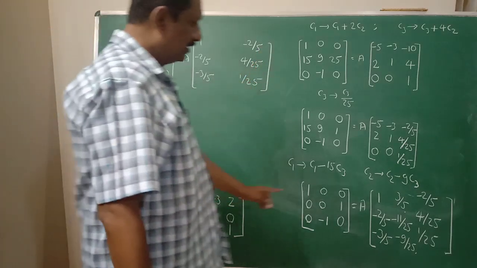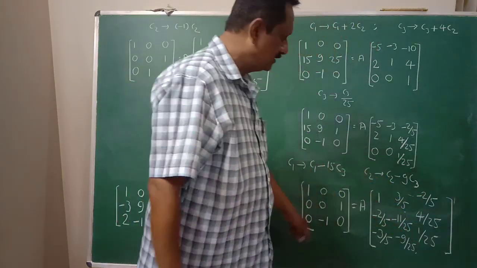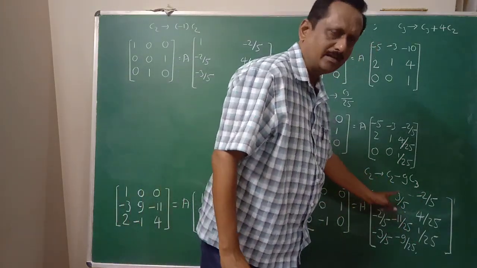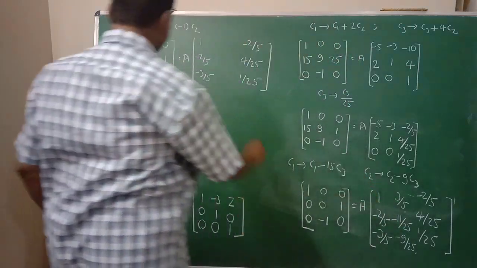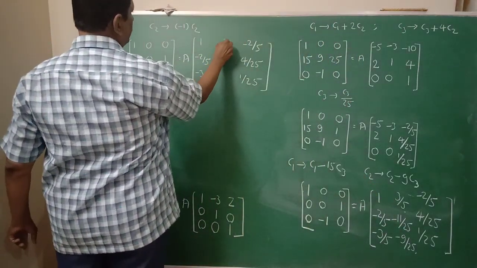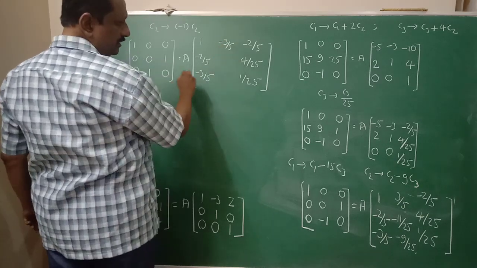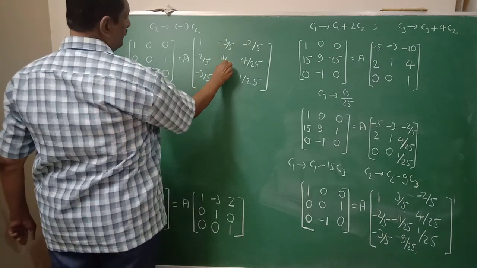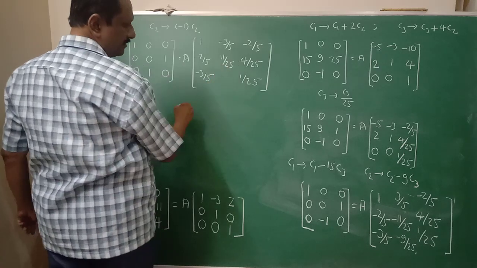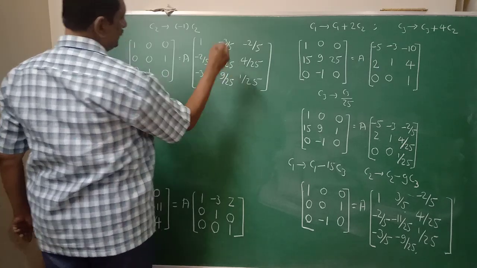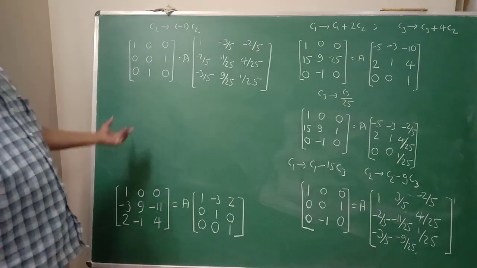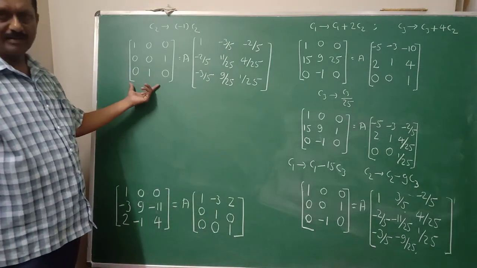So I am writing first and third column as it is. Here multiply by minus here. Therefore this becomes negative and this too becomes positive here. Hence minus of 3 divided by 5, then 11 divided by 25 and 9 divided by 25, 9 upon 25. Here we want identity matrix here.